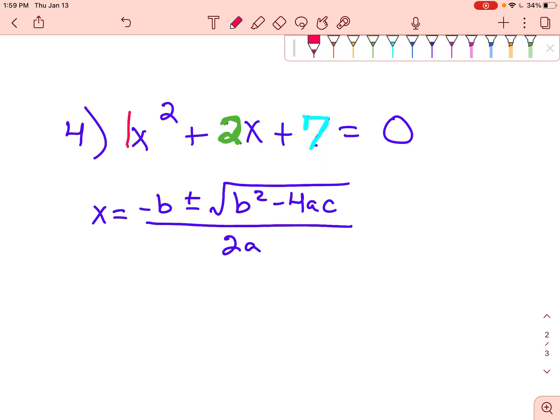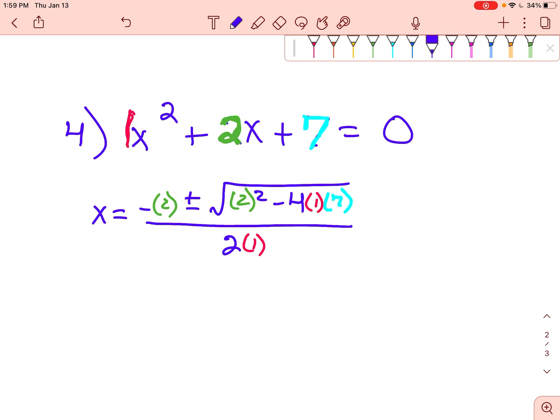So we have our a value right here, and I'm going to replace it with my 1. I have my b, which is 2, so I'm going to replace my b's with a 2. And then I have my c value, so I'm just going to replace it with my 7.